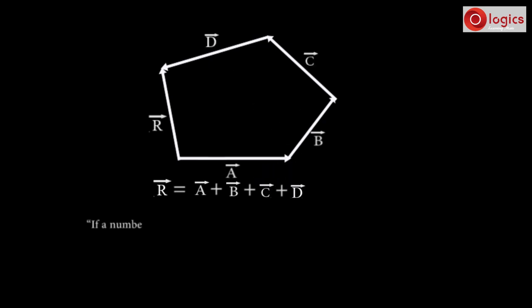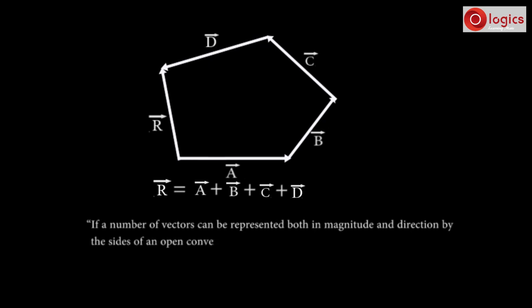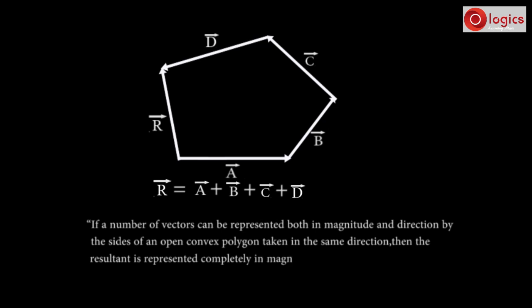If a number of vectors can be represented both in magnitude and direction by the sides of an open convex polygon taken in the same direction, then the resultant is represented completely in magnitude and direction by the closing side of the polygon taken in the opposite direction.